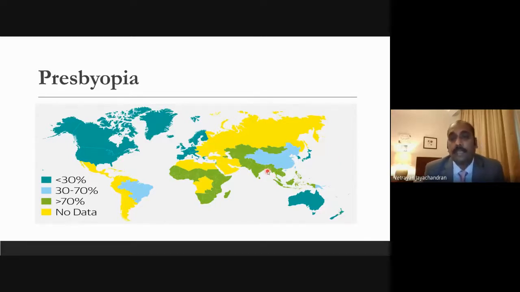So basically what we have to know is that there is a lack of awareness among patients and also among other professionals, so we need to create awareness for people to get their refractive errors corrected.